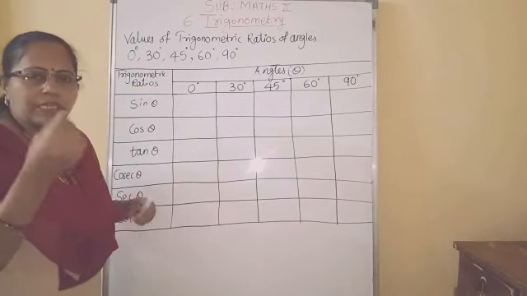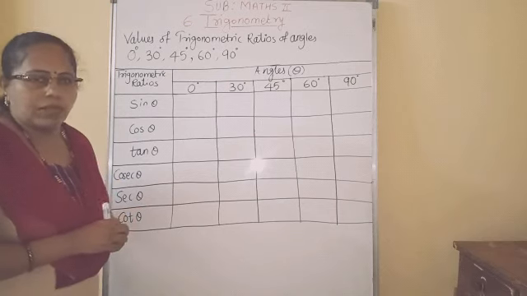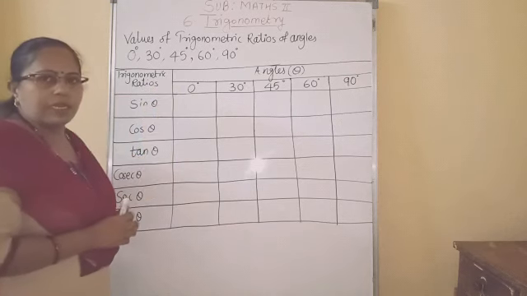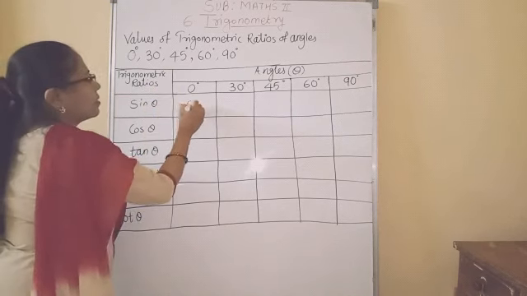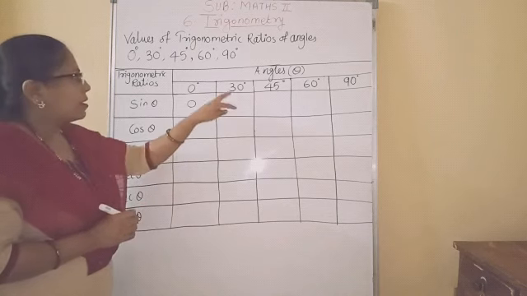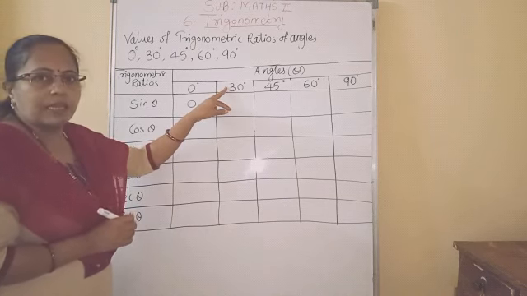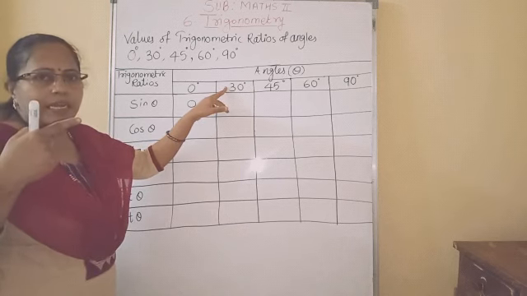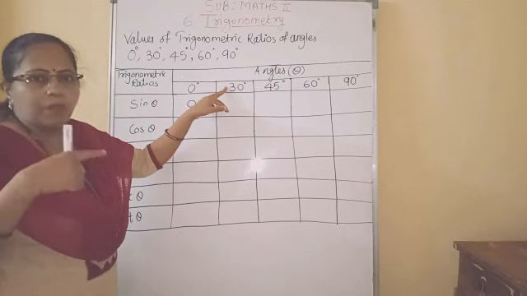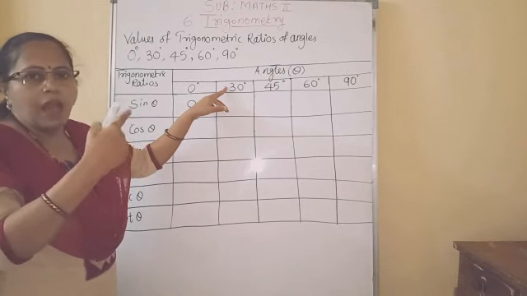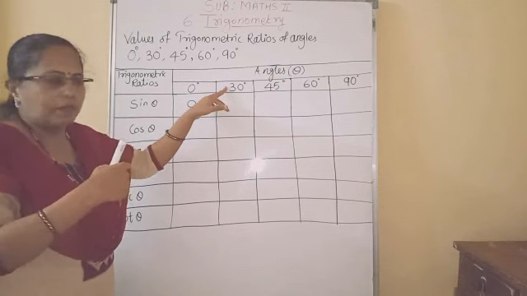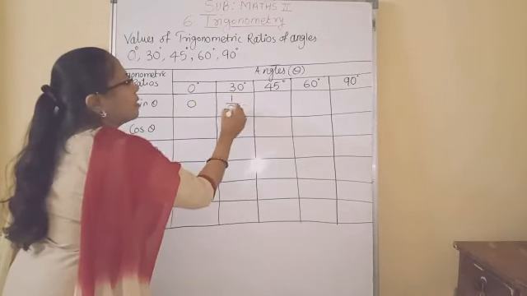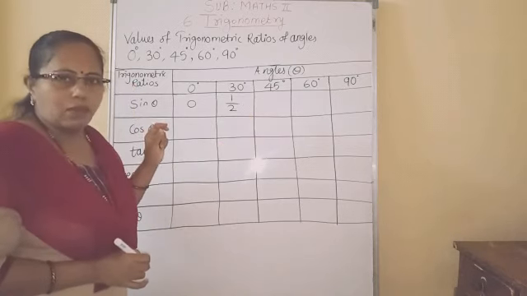One simple technique I am going to tell you: first, sin theta for 0 degree, write 0. Then sin 30 degree. Just recall the theorem of the 30-60-90 triangle: the side opposite to 30 degree angle is half of hypotenuse. That's why here sin theta value we will write half.